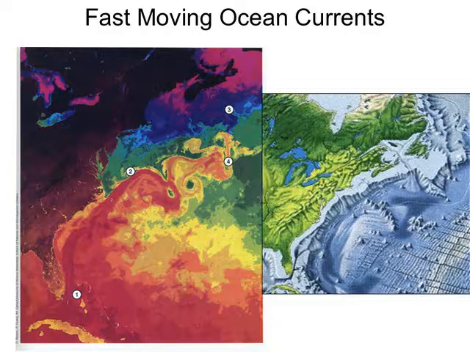And then if you look kind of to the left of the number 4, there's going to be a round circle of yellowish orange color, and that would be known as a warm core ring, and that's just the opposite of the cold core ring. And it takes warm water northward, where it can warm up the atmosphere a little bit north of the Gulf Stream current.